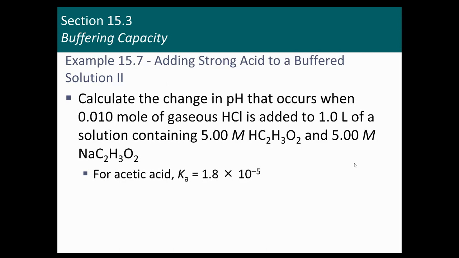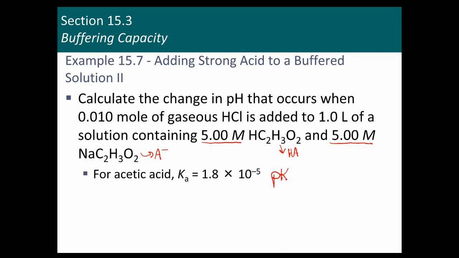To do this, we're going to do some calculations so that the numbers can show us. So here's acetic acid. It's at a pretty high concentration of 5 molar acetic acid and 5 molar sodium acetate. So that's our A minus. Excuse me, and the weak acids are HA.